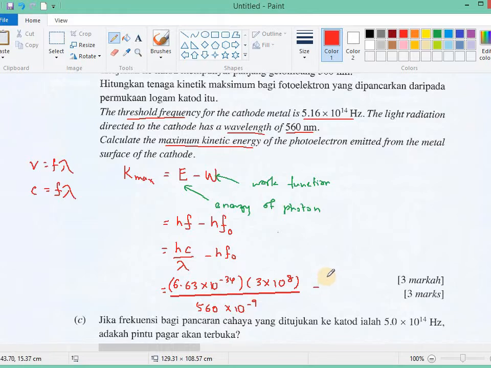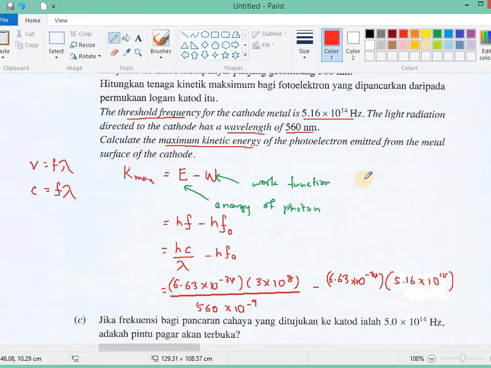Minus the Planck constant 6.63 times 10 power negative 34, times the threshold frequency 5.16 times 10 power 14 hertz.